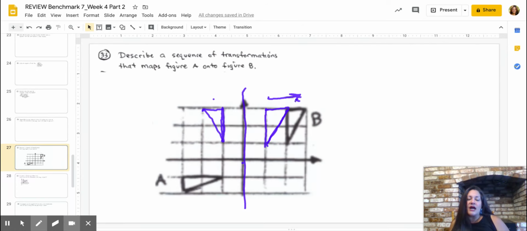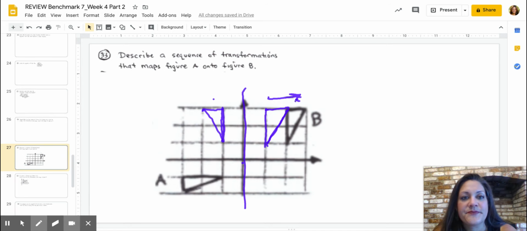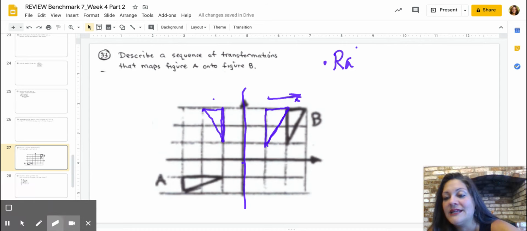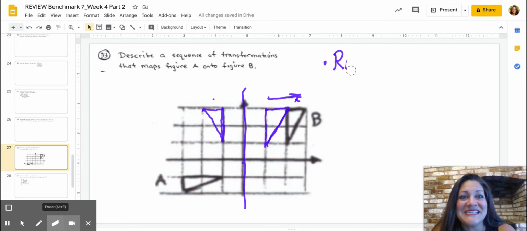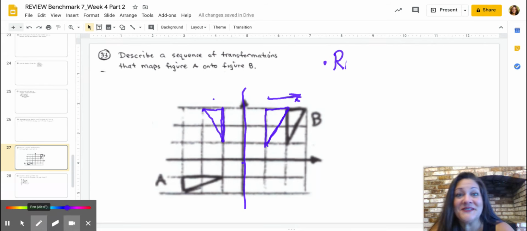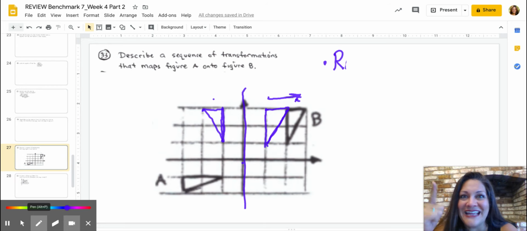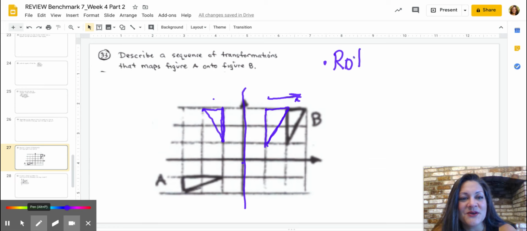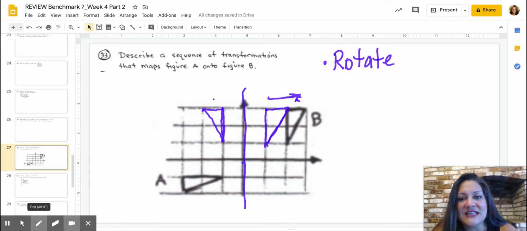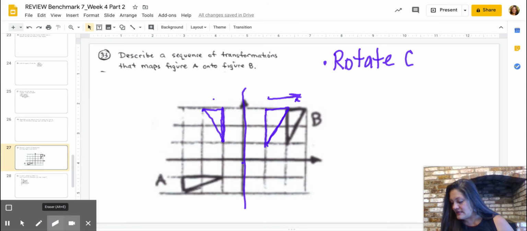So how do we write down all of those things? So first we rotated. My goodness, can you tell I'm so tired? This video is taking hours. That's okay. All right, so first I'm going to rotate, and it rotated clockwise. I think that I need to say 90 degrees first.